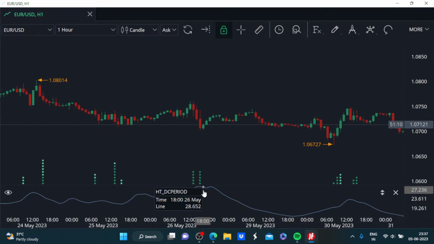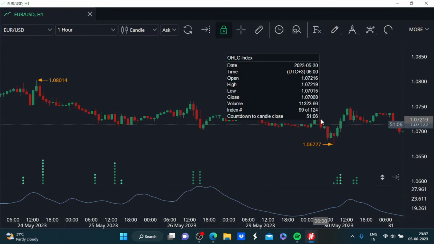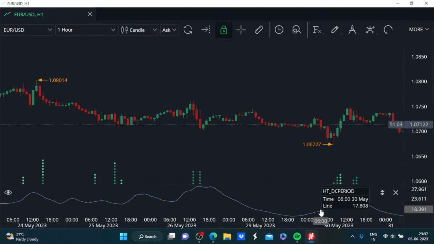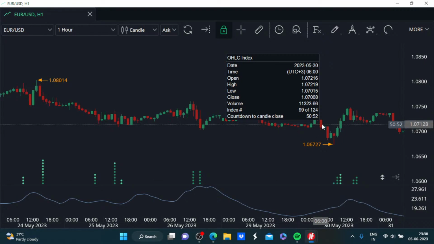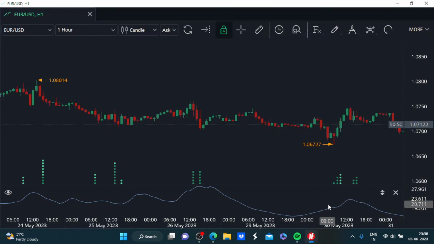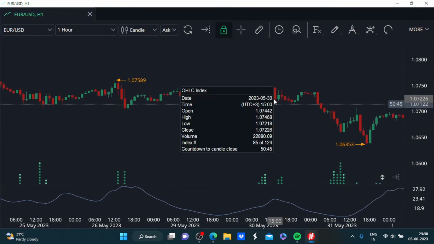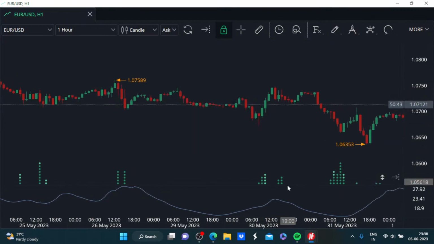There is not much of a movement. But as the price started to decline further, we saw this spike happening in the output value of the Hilbert transform dominant cycle period. So with this information in place, we could have made the choice to go for a short sale trade again as the output was picking up, and once this move happened, we saw the Hilbert transform DC period output again starting to go sideways.